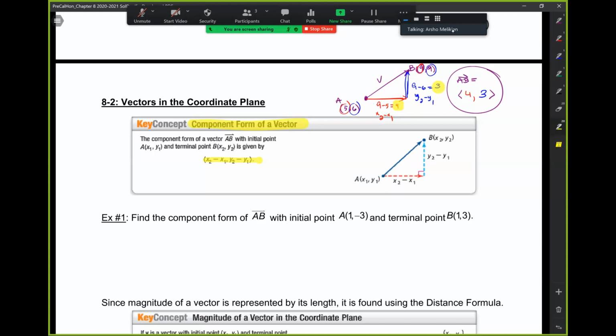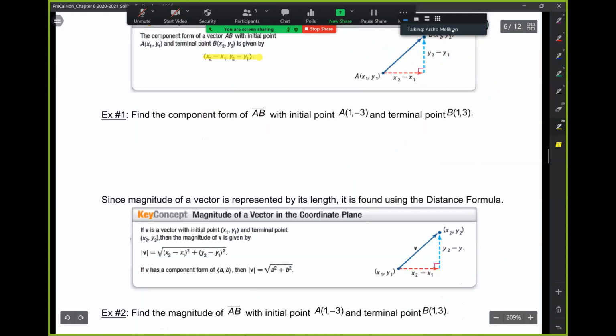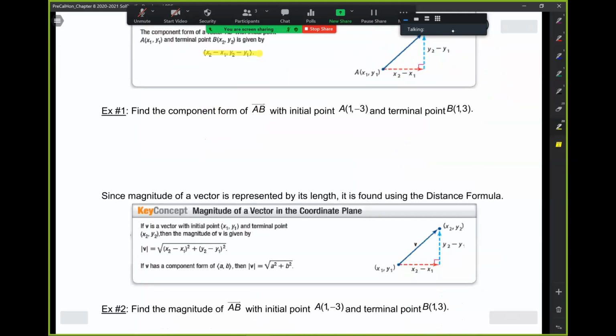All right. I'll take questions in a second. Let me do an example here. It says to find the component form of vector AB with initial point A, terminal point B. This is x1, y1. This is x2, y2. Does the order matter?